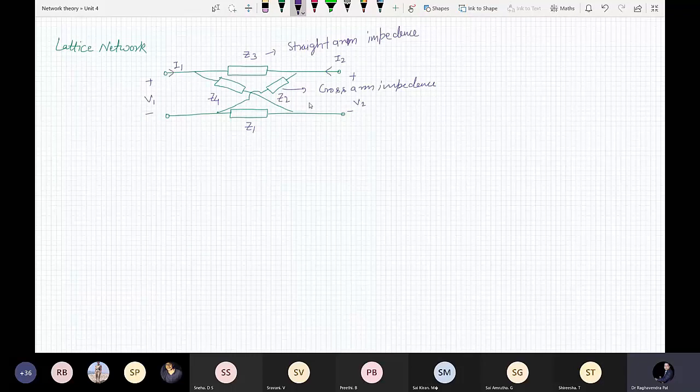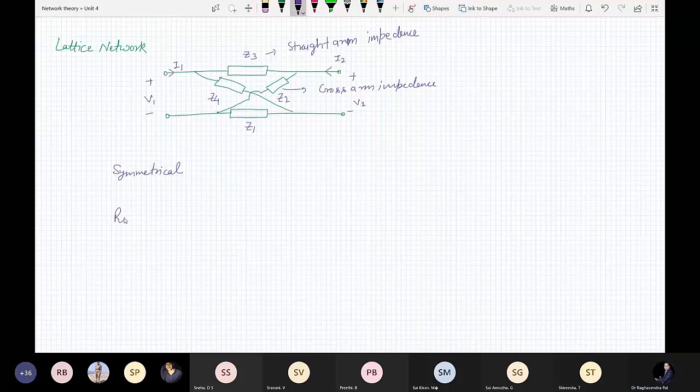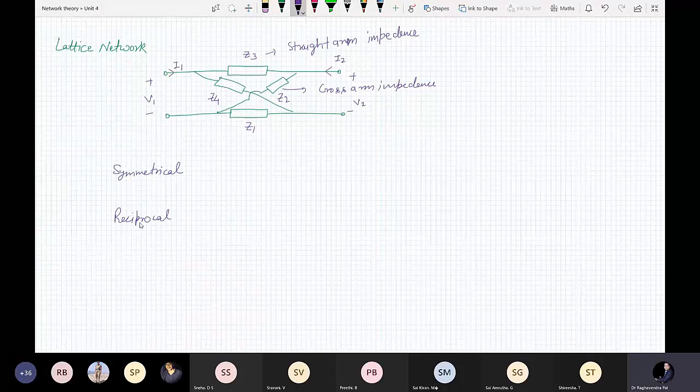Now, there are some conditions you have to remember. Lattice network is symmetrical, okay, or reciprocal. For symmetrical lattice network, the condition is Z1 is equal to Z3.